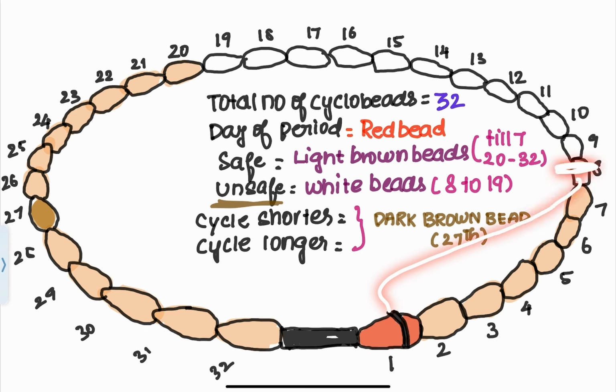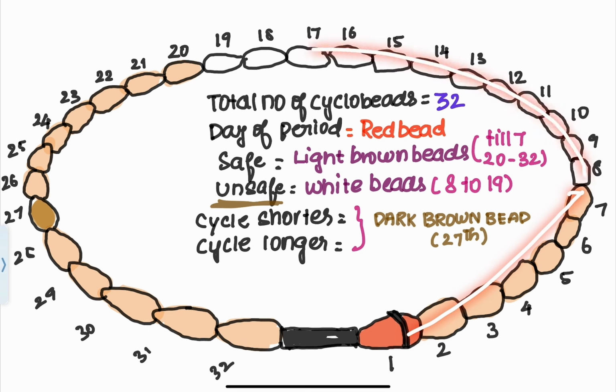So when the rubber ring is anywhere between the 8th and 19th cyclobeads, the female has to avoid coitus with her partner, because the chance of conception is increased, as pregnancy is likely when ovulation has occurred, right?